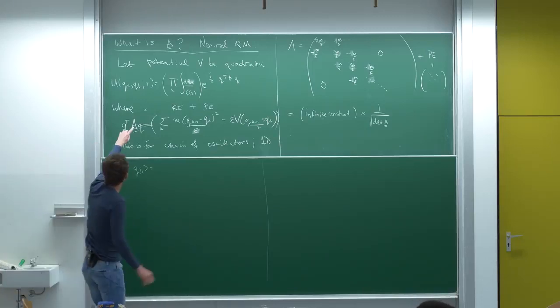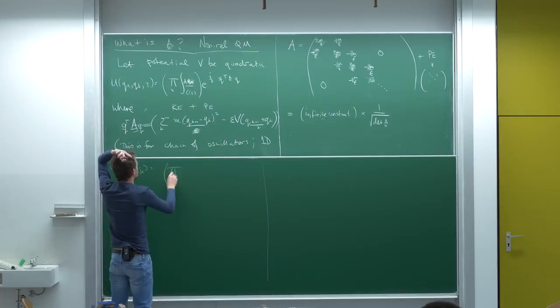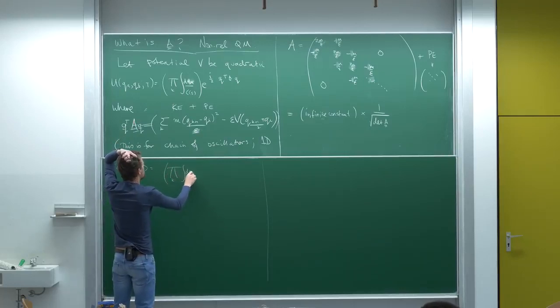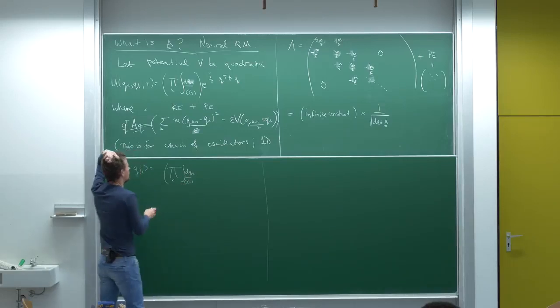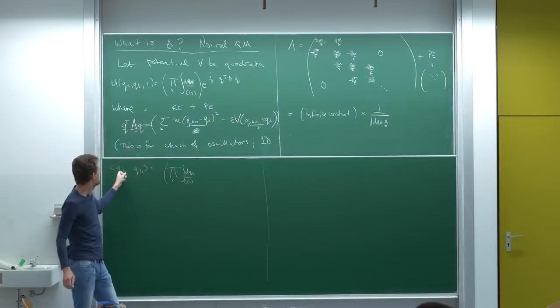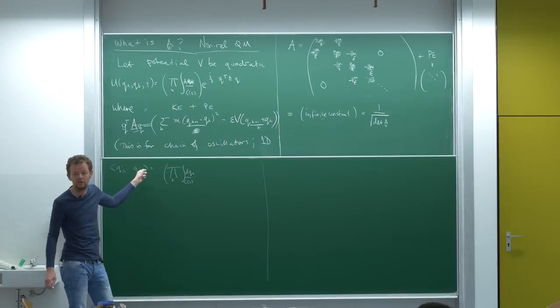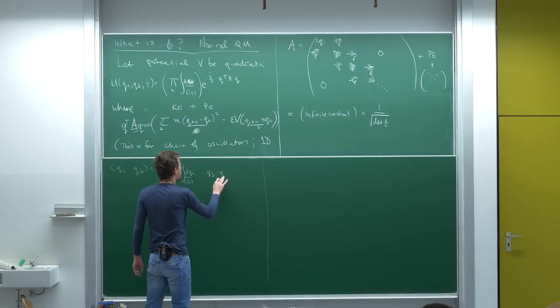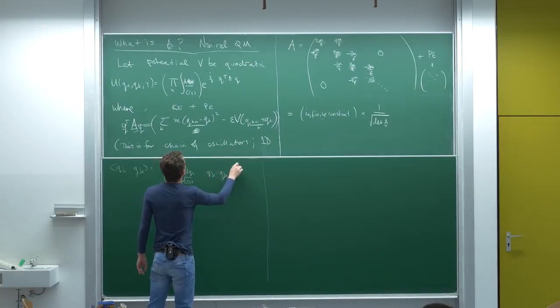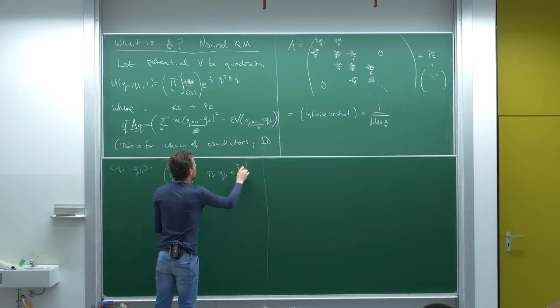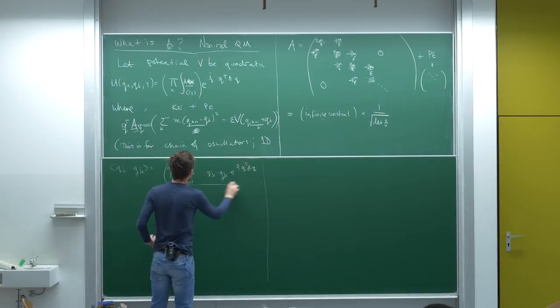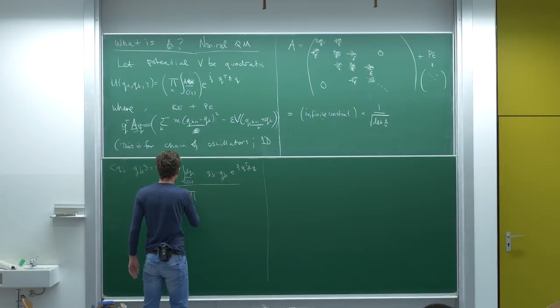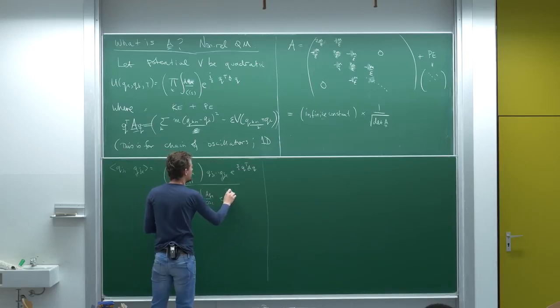So if you put in to this path integral here some arguments with these variables q, then it's not particularly difficult to argue that this quantity is finite.